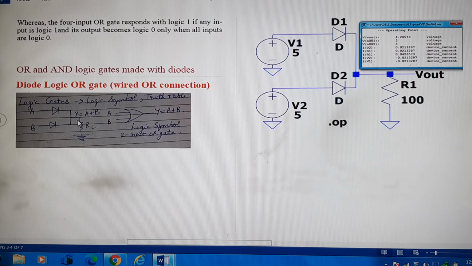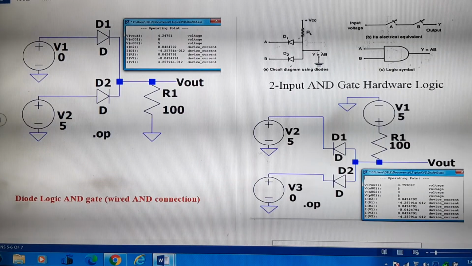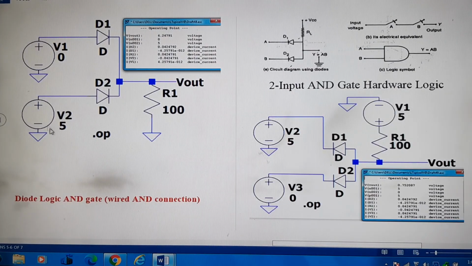So this should be at logic high for the current to flow, as we can see in this simulated circuit, that the voltage at the Vout terminal is high, because we have assumed that the range between 4 to 5 volts is interpreted as logic high. So when both the inputs are high, the output is high. When any one of the inputs is high, the output is again high.